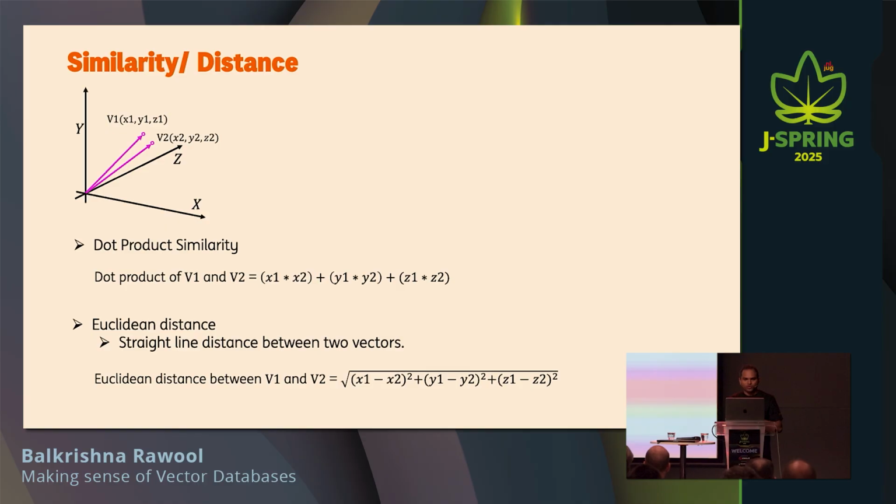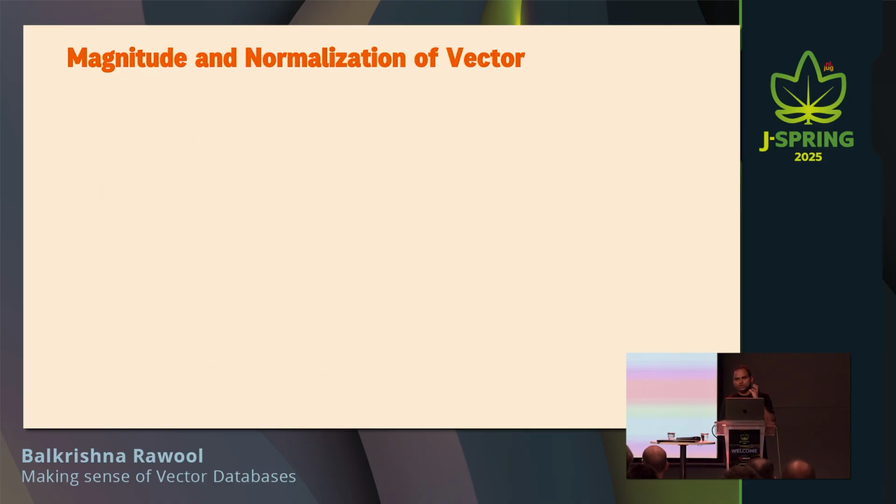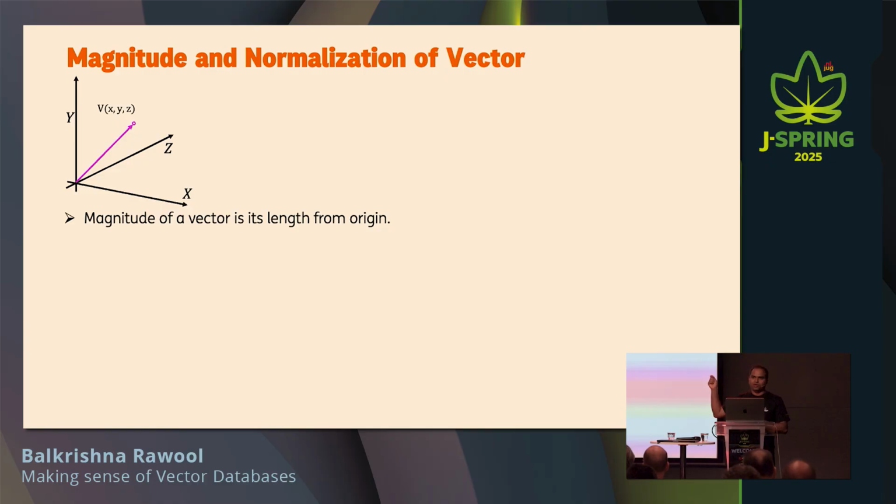Now the next thing we'll discuss is cosine similarity, and for that we have to understand magnitude and normalization of a vector. So for this given vector v in three-dimensional space, its magnitude is nothing but its length from its origin. So in this case, it becomes this, square root of sum of the squares of x, y, and z coordinates.